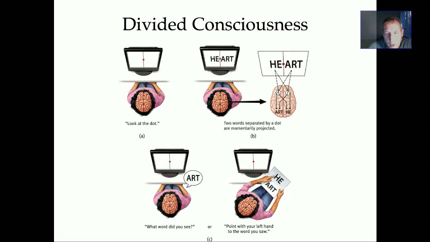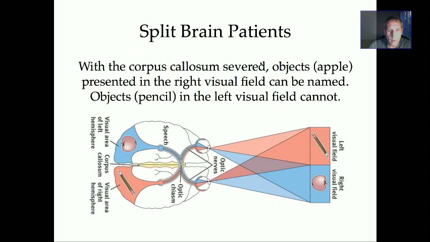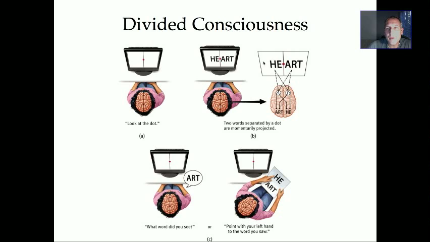Now, if you say, point with your left hand to the word that you saw, they point to the word he. So how do you explain this? Left visual field goes to the right hemisphere, so just the he part of the word went to the right hemisphere. The right hemisphere controls the left side of the body, and the left hemisphere controls the right side of the body.